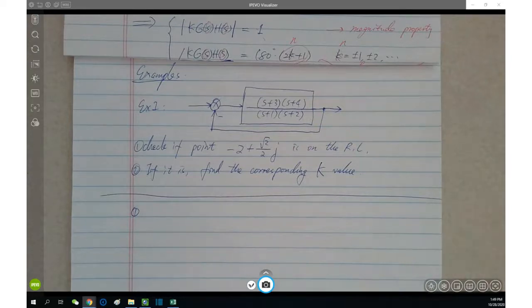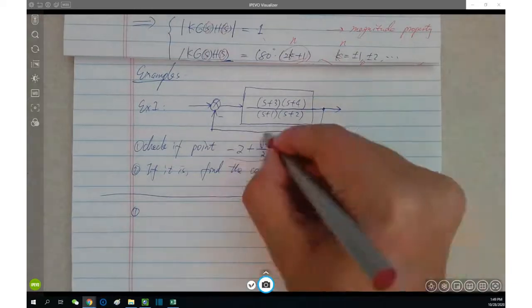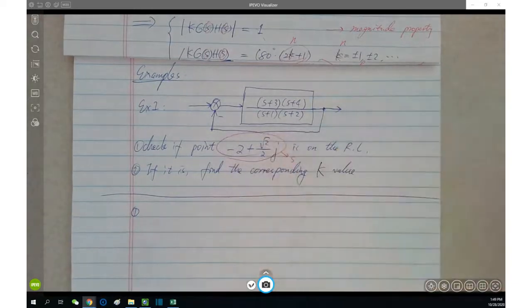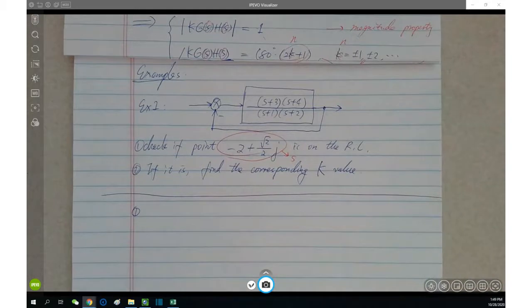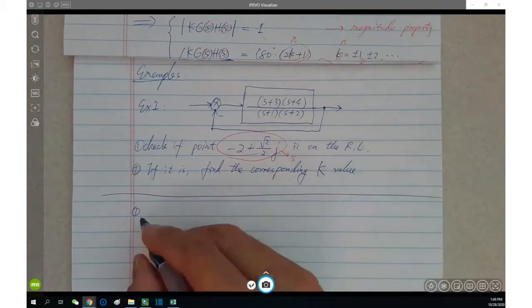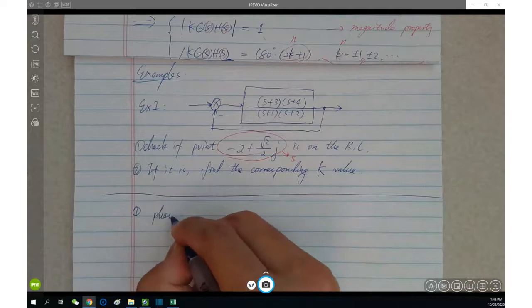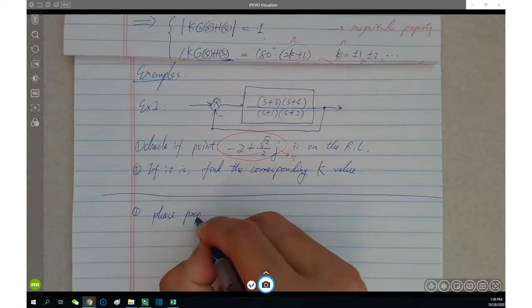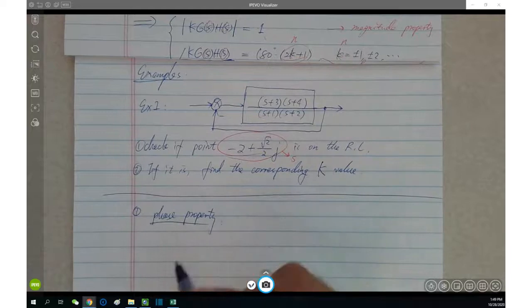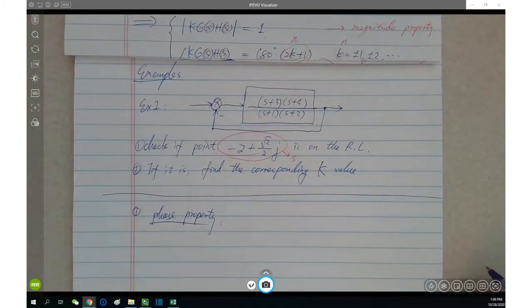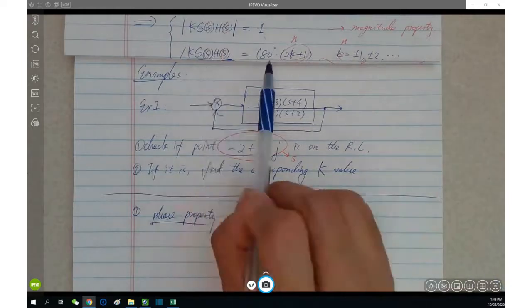Now it is given this complex number, which is nothing but the s value. Is it on the root locus? What we can do is use the phase property, the second one, here.